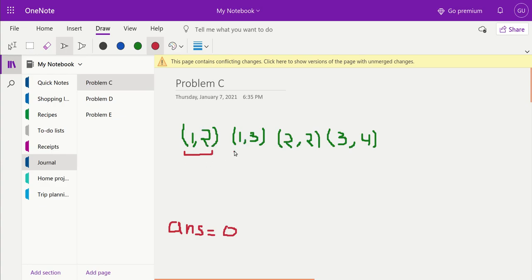So I cannot choose this pair because it has boy number 1. I cannot choose this pair because it has girl number 2. And yes, I have to eliminate this, and I eliminate this also. Okay, so what I have left is 1.